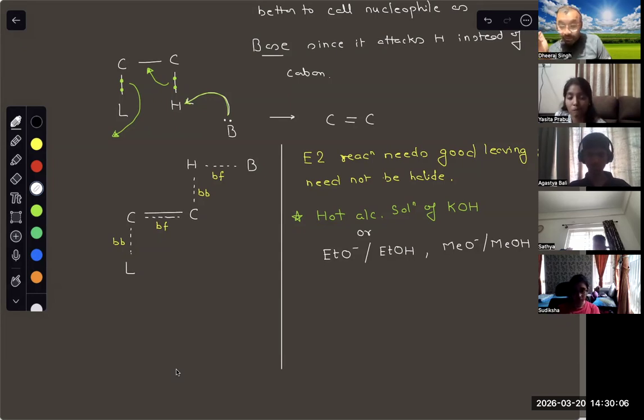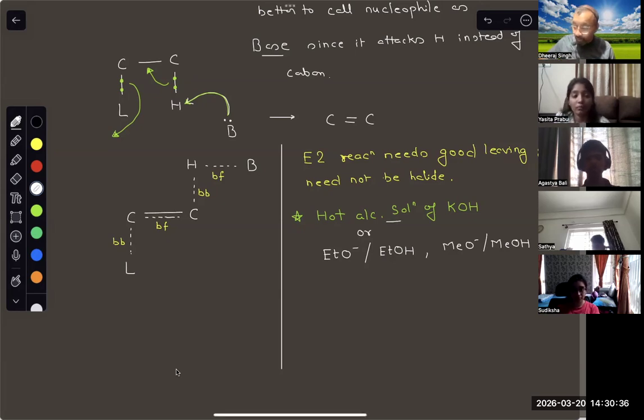Can you dissolve MeO minus in EtOH? You can. But now you have two nucleophiles or two bases. EtOH will also do something and MeO minus will also do something. So you can have multiple products. So that is why EtO minus in EtOH or MeO minus in MeOH. Or simply you can take hot alcoholic solution of KOH.